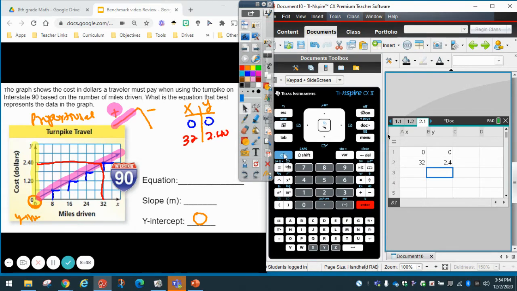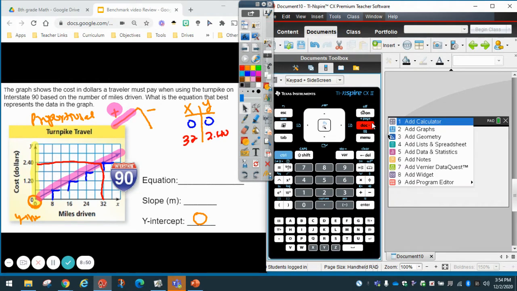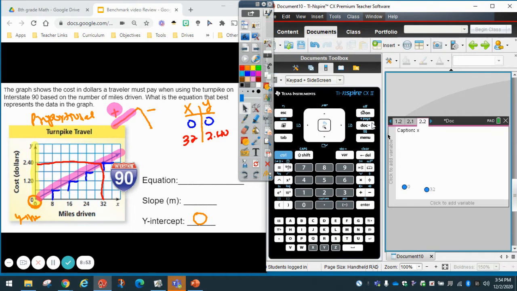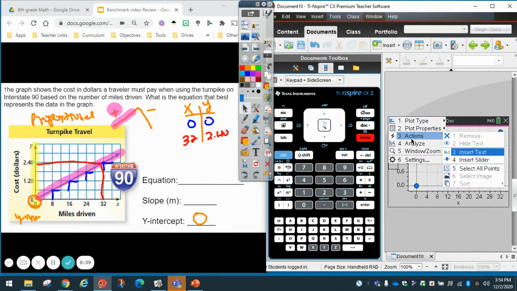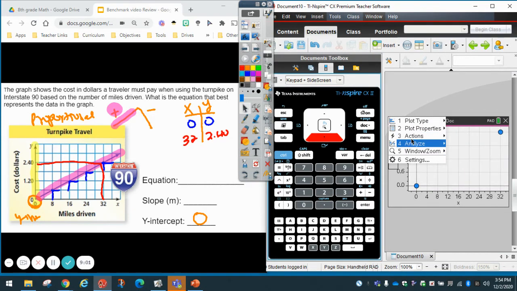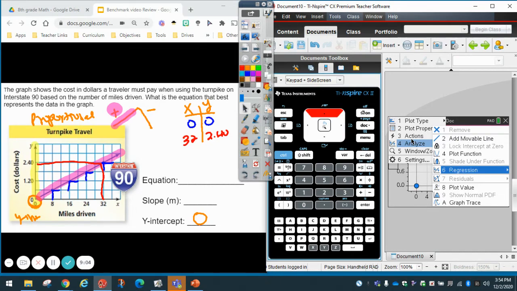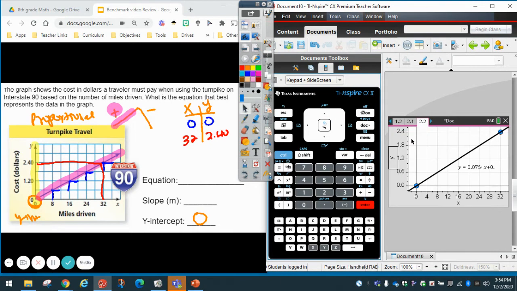Now we're going to go ahead and put control doc, data and statistics, tab X, tab Y, menu. We're going to go to analyze, number 4, regression, and show linear mx plus b.